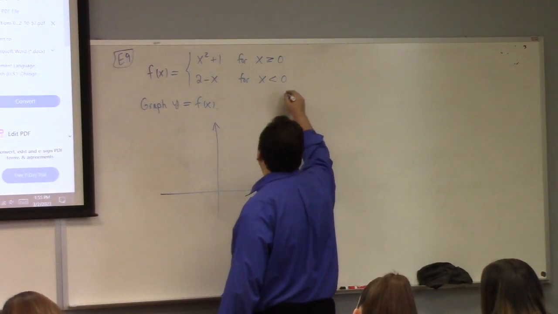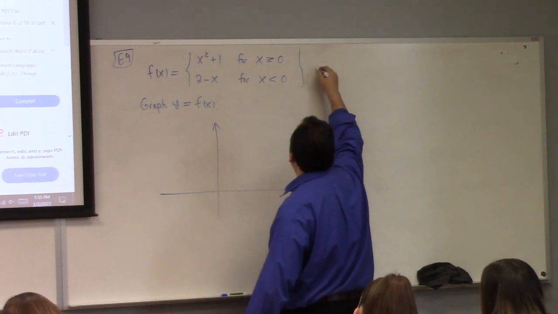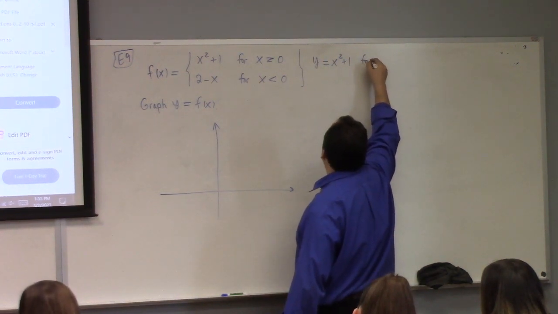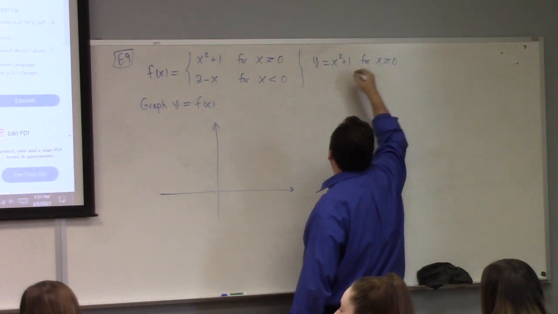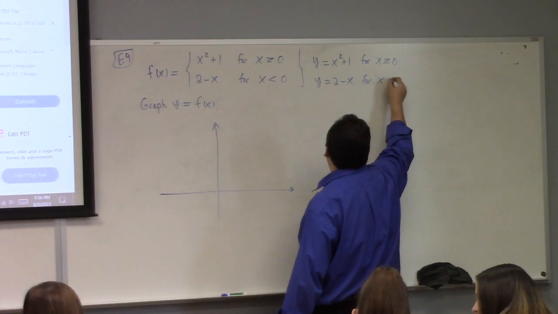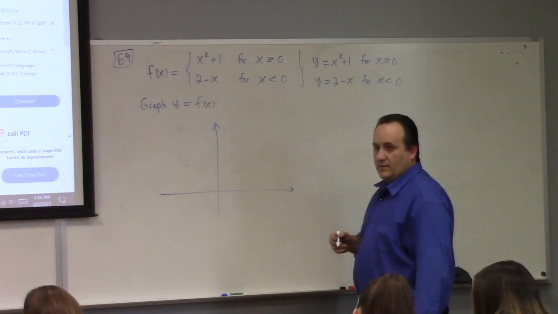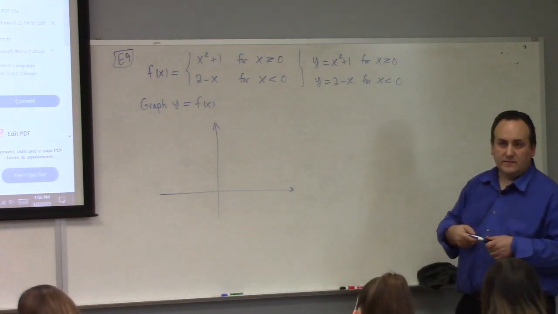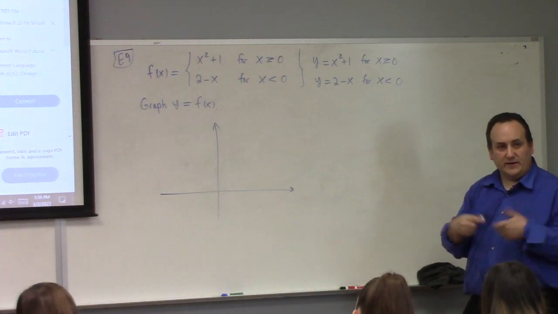So here's the deal. What this means is that y is x squared plus 1 for x greater than or equal to 0, and y is 2 minus x for x less than 0. So we can graph both of those things, right? That's a line and a parabola. We know how to graph those.